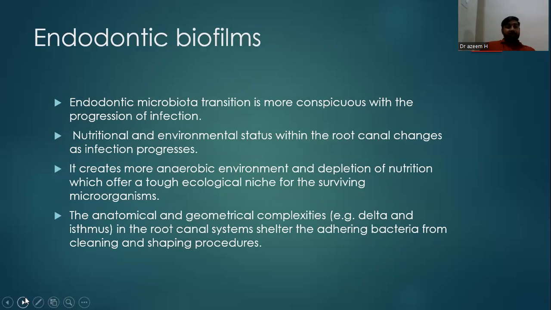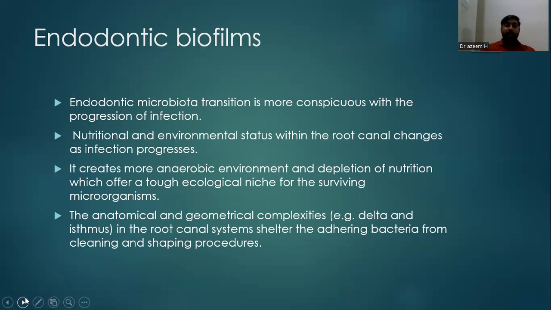Endodontic microbiota transition is more conspicuous with the progression of infection. Nutritional and environmental status within the root canal changes as infection progresses. It creates a more anaerobic environment and depletion of nutrition, which offer a tough ecological niche for the surviving microorganisms.